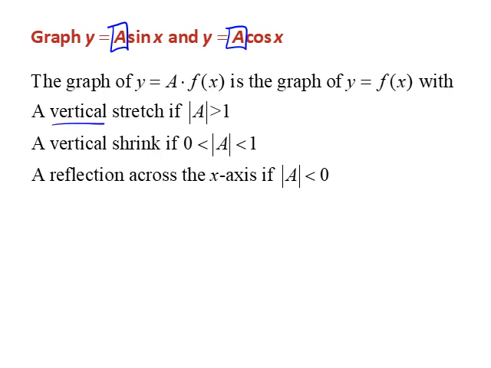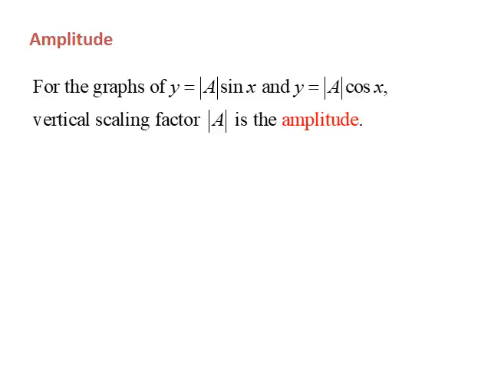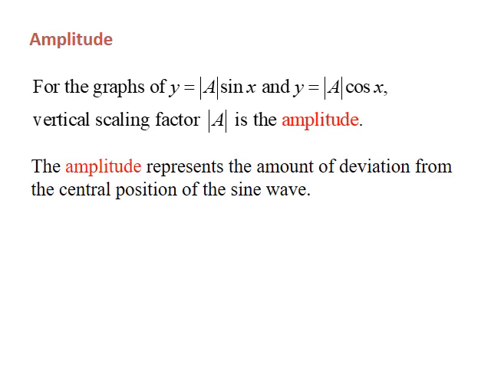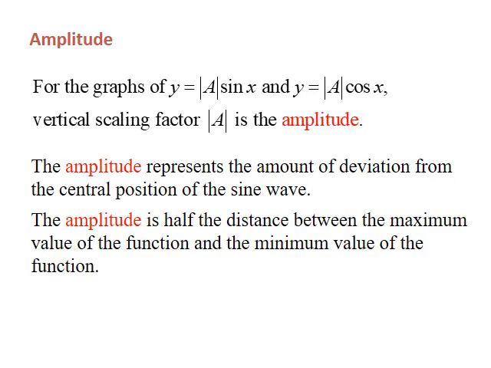One other thing that may happen is if A is negative, then we will have a reflection across the x-axis. This value, A, is referred to as the graph's amplitude.